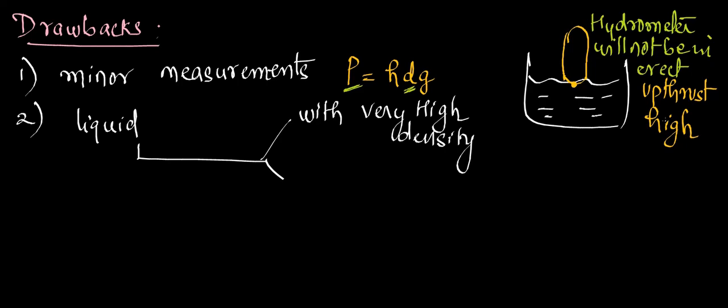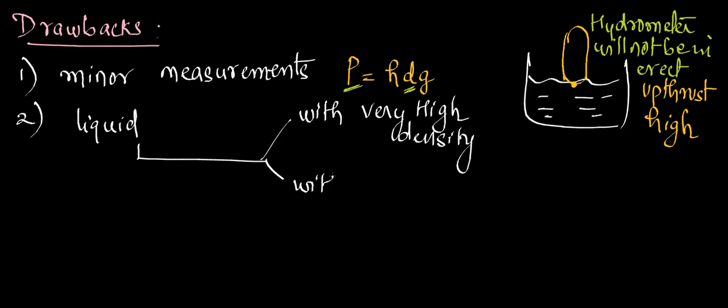If it is perfectly vertical, it will be partially immersed and we can see the marking. But if the upthrust is very high, it is not in a proper position. It is floating and will shuffle its position. It will just dance on the fluid because the fluid is exerting a lot of pressure on it. So it won't be in a proper erect position and it won't give the correct reading. Okay.